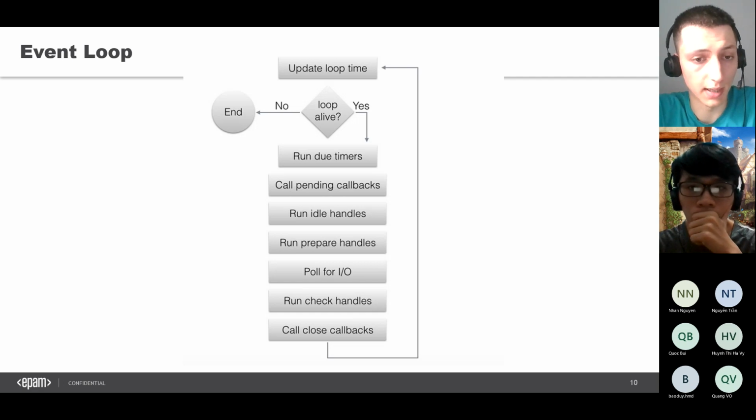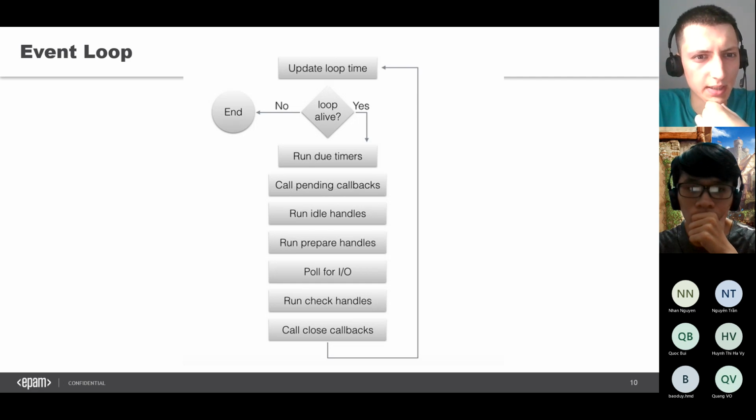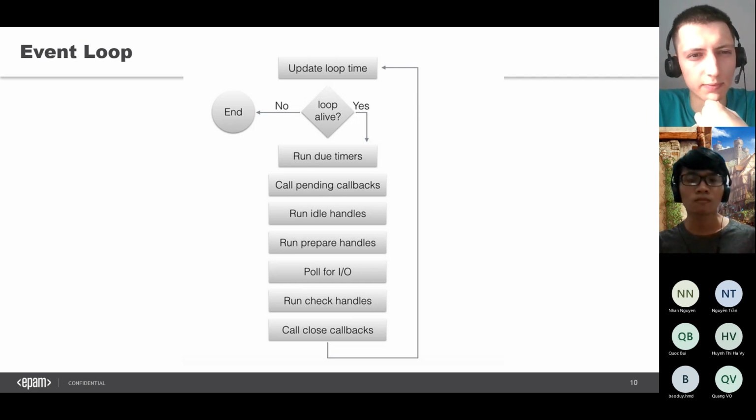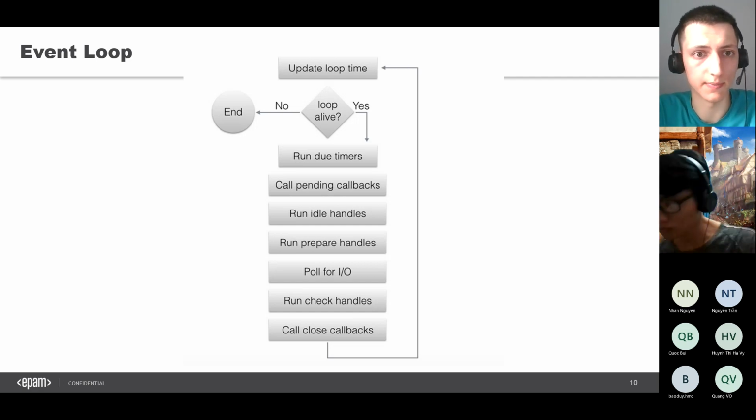Inside this phase, some close callbacks are executed, for example, when a socket is closed. About pending callbacks, I don't remember precisely, but I'm not sure that this one is an internal phase. Maybe some callbacks that are not included in all other phases will be executed here.